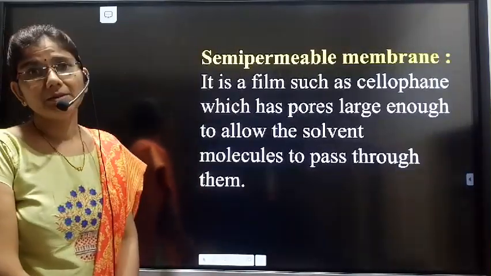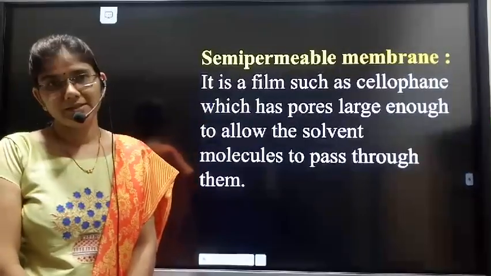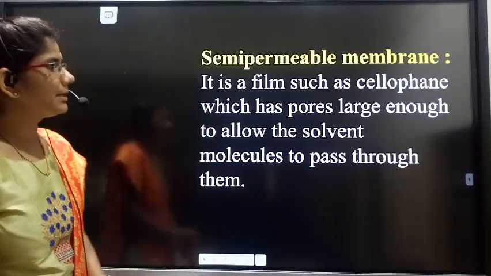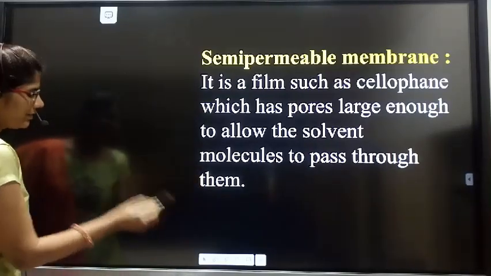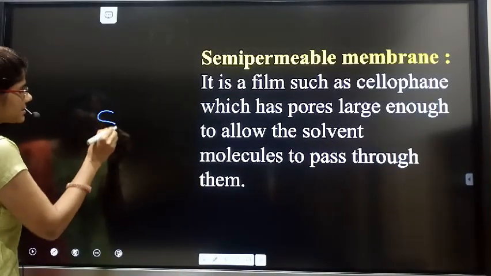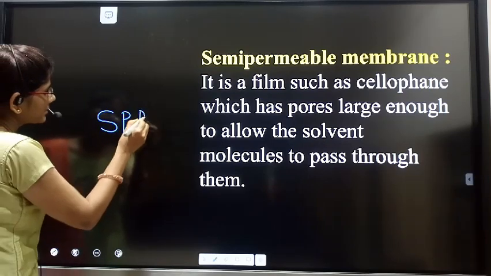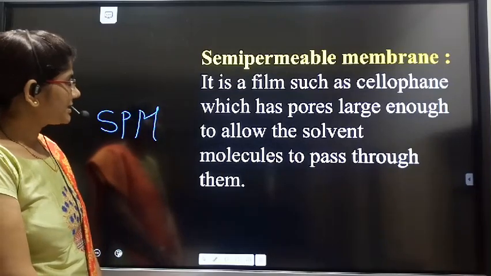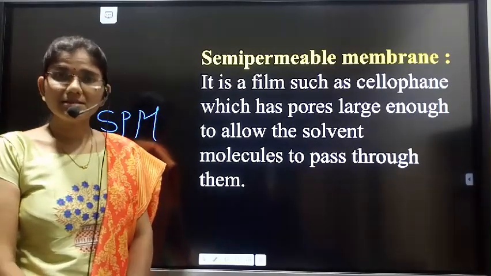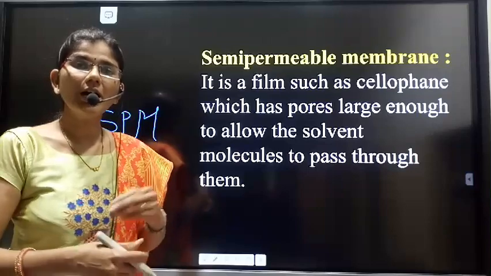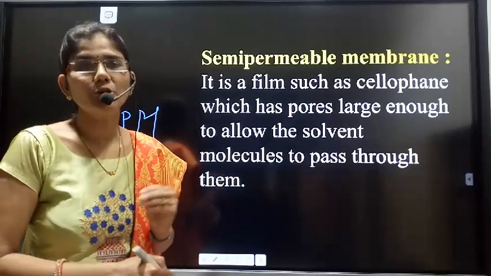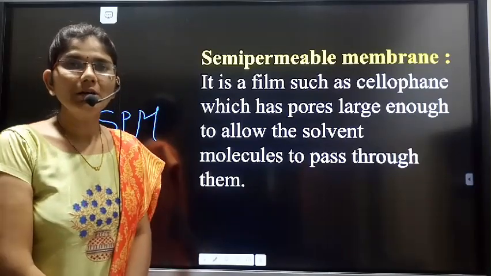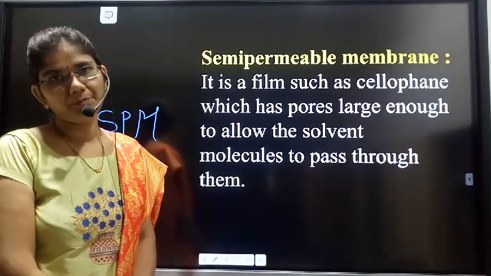So what is meant by a semi-permeable membrane? Let us start with the semi-permeable membrane, called SPM.